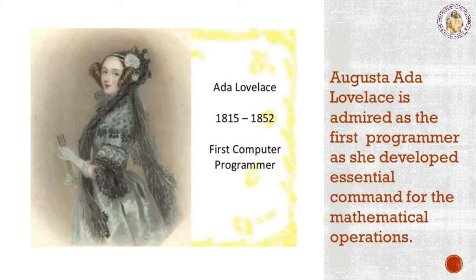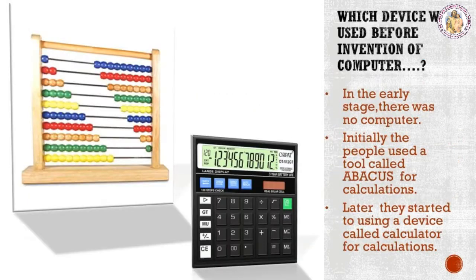Next, we are going to learn about the first computer programmer. Who is the first computer programmer? Augusta Ada Lovelace is admired as the first programmer as she developed essential commands for mathematical operations. So which device was used before the invention of the computer to do calculations? Yes, in the early stage there was no computer.